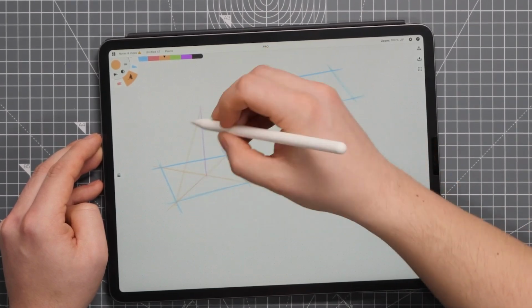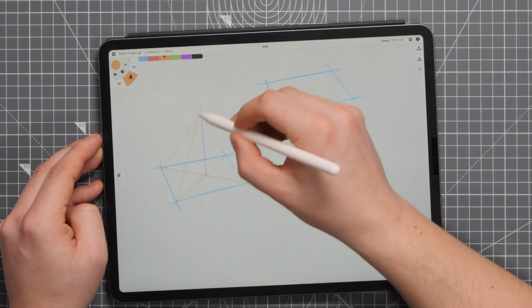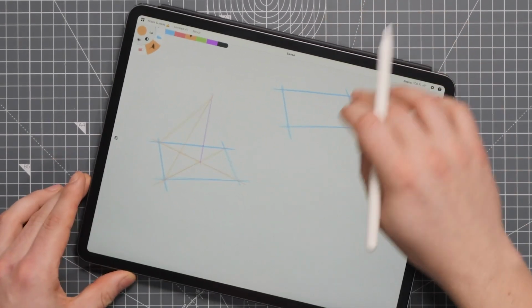It's really satisfying when you get the hang of it, and it can feel like you've discovered a completely new way of drawing.